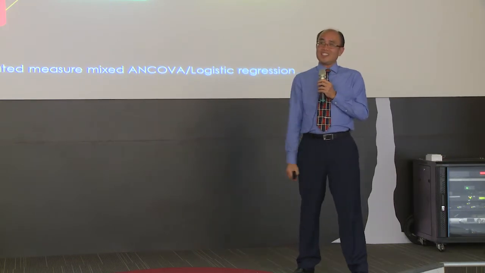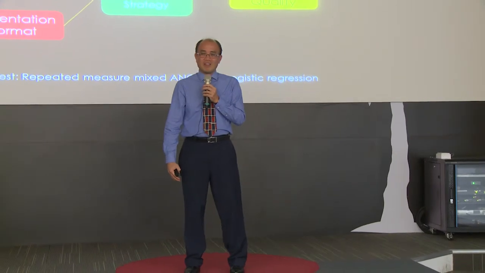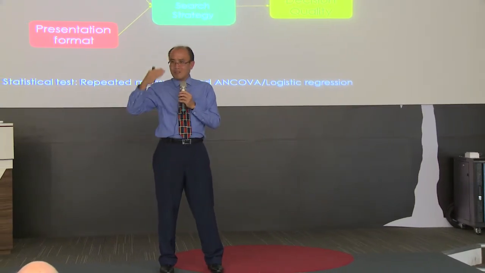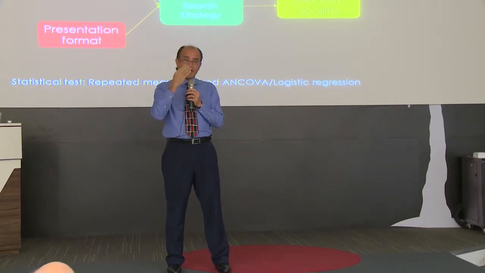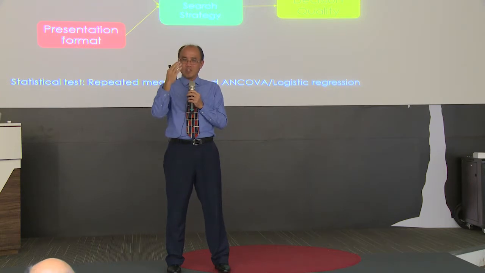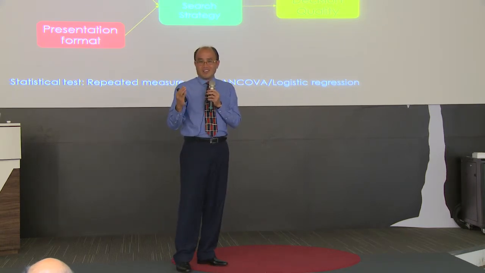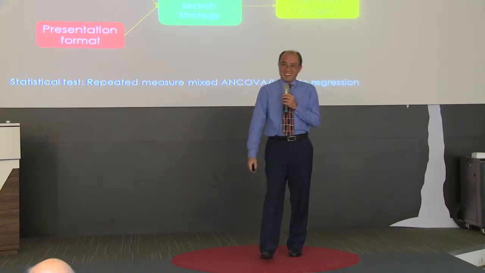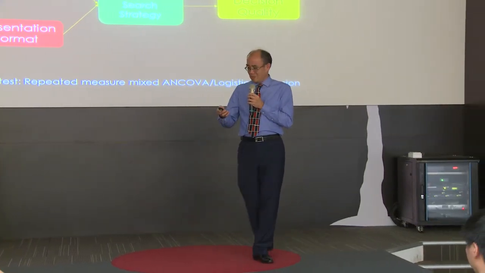The second stage is we are also interested in the search pattern. The advantage of using eye tracking is you can track the pattern of their search strategy. And we observe a very different pattern between experienced and inexperienced managers. So we learn from this research that, I'll tell you later, it's a very different search strategy that they use.